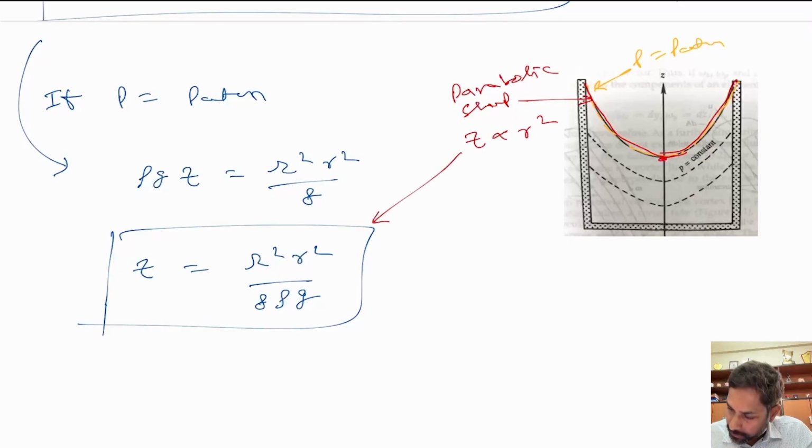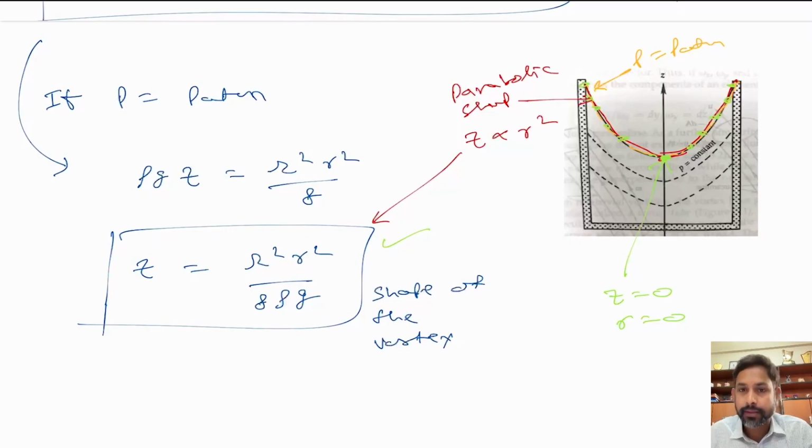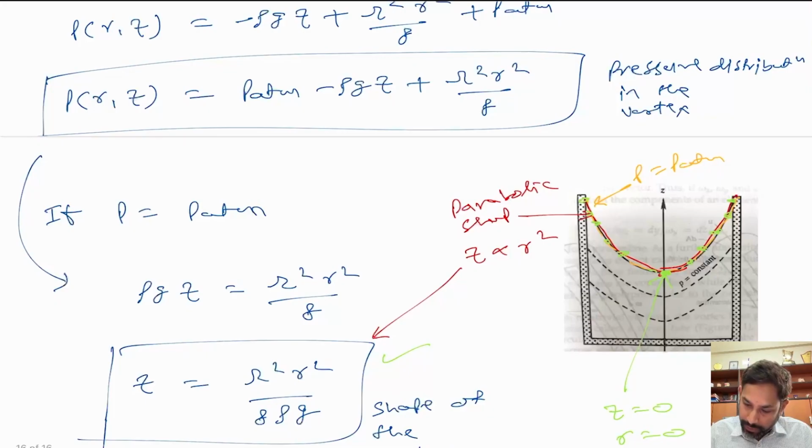So if this is your z equal to 0 and r equal to 0, you can find the location of the vertex from this point using this particular equation. This defines the shape of the vortex. So this gives the shape of the vortex, right?